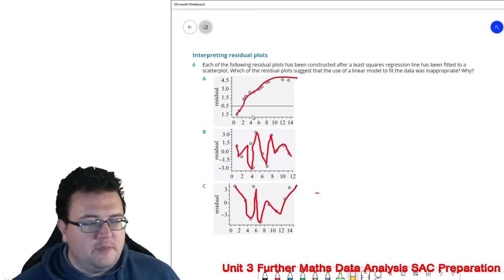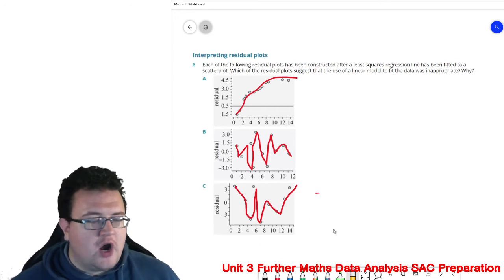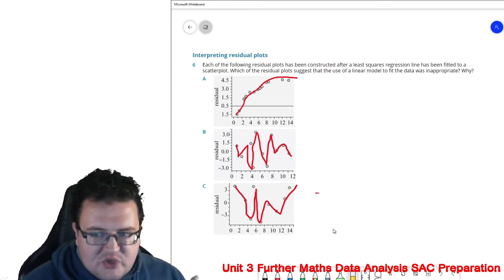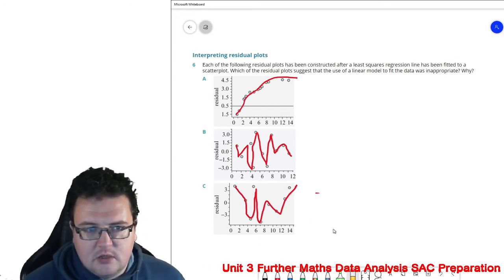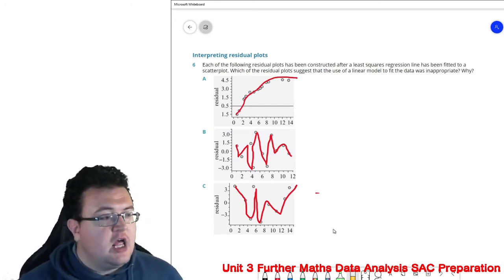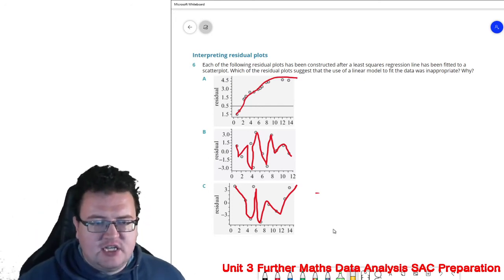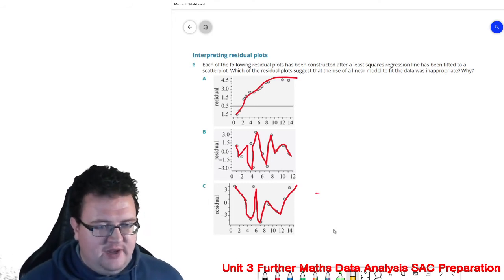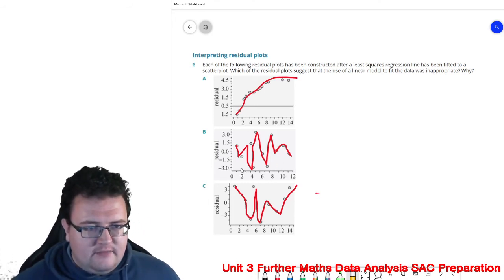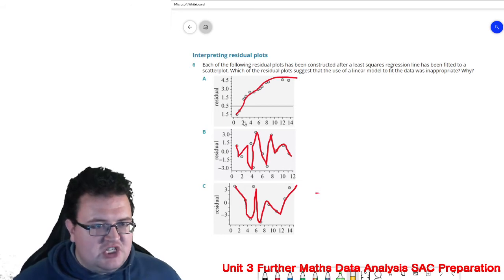All right, so what you should be looking for, if you're trying to see if there's a pattern in your residual plot, is to mentally join the dots. If you can see that there's some sort of pattern forming, like this one here, it tends to increase over time.